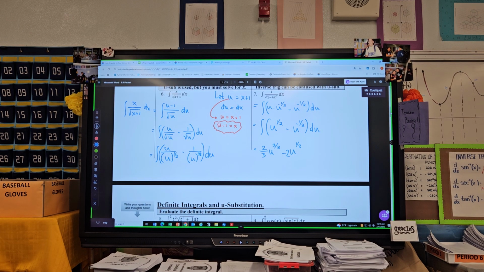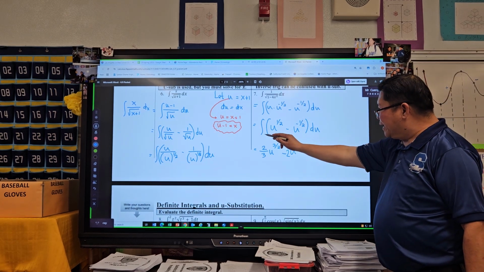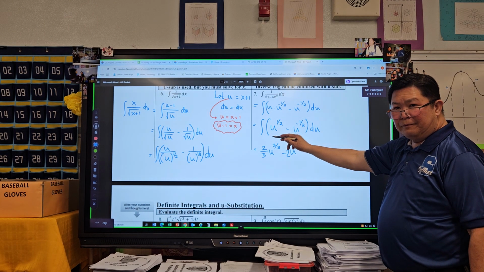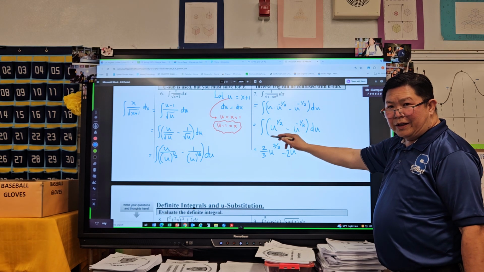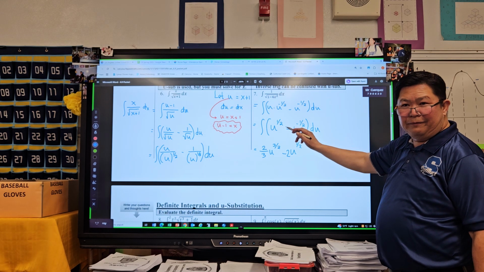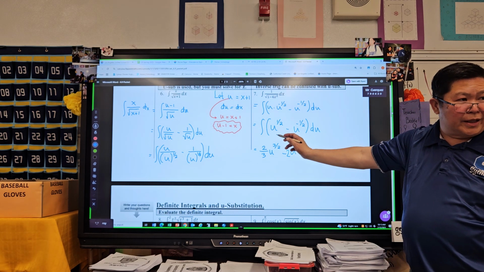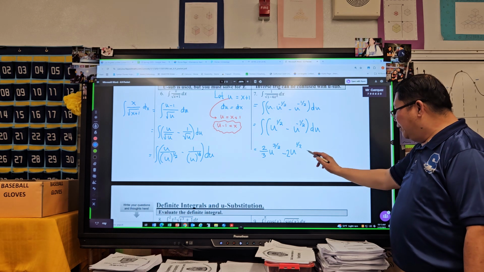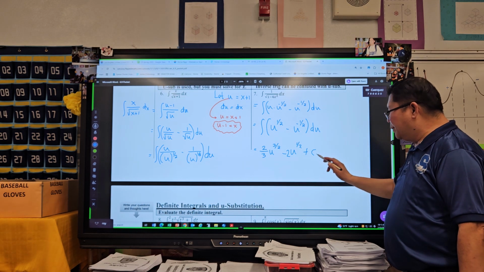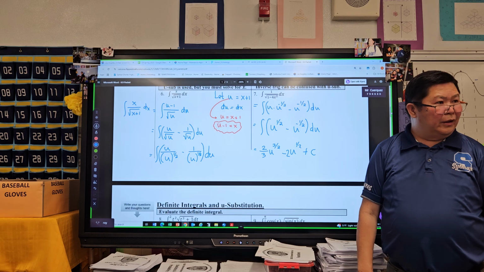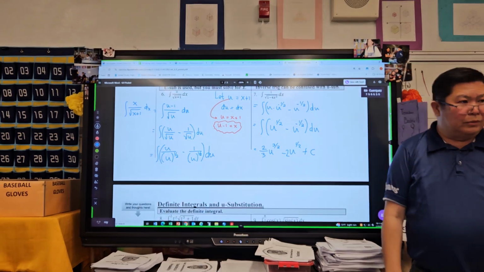And then what's next? Is this indefinite or definite? What kind of integral is this? Indefinite, because this has no limit. So there's no limit, plus the constant. Then what to do with that u?